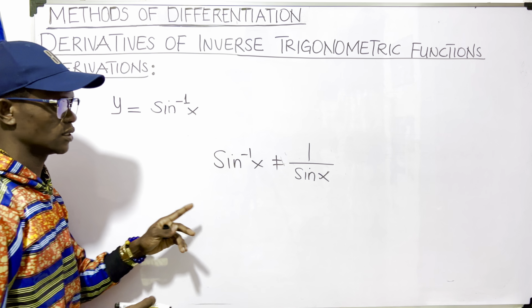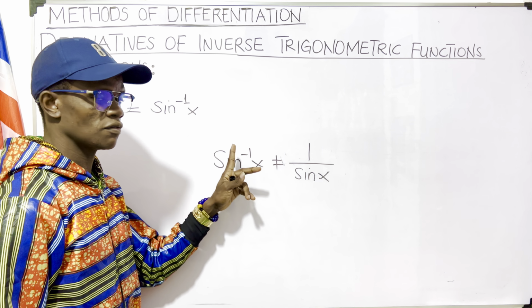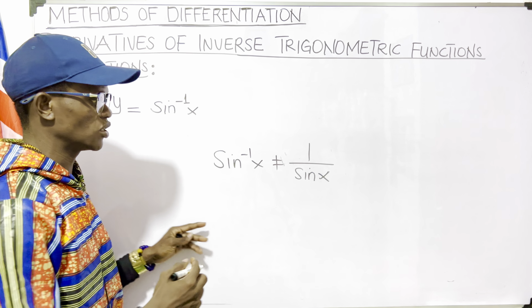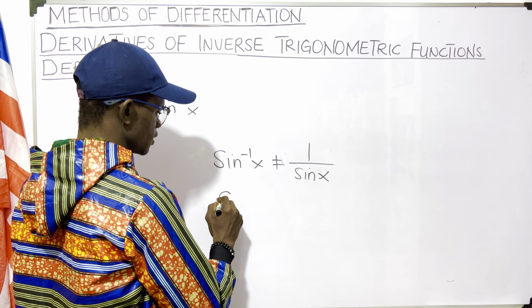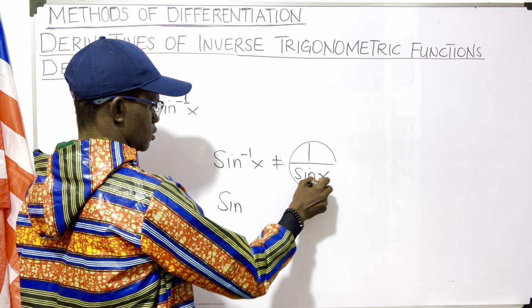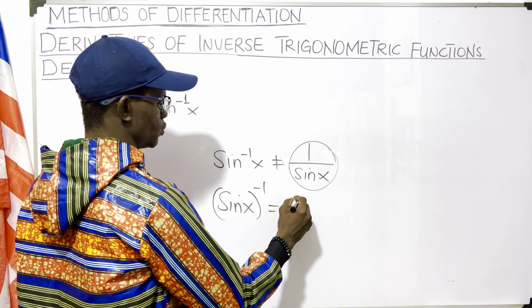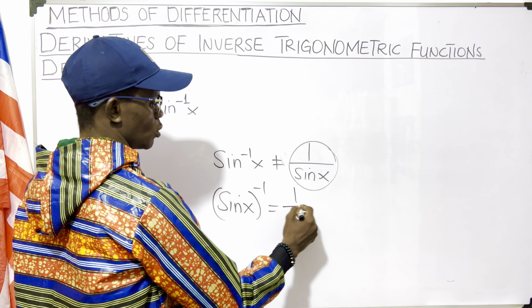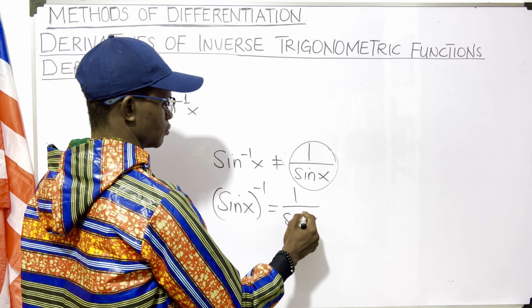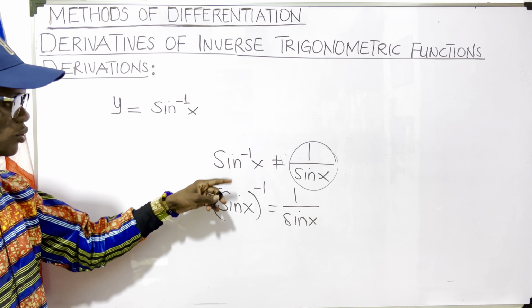So take note of that. This is sine inverse of x. This is not sine of x raised to the power minus 1. This one is sine of x raised to the power minus 1, which is 1 over sine of x. So take note of that.